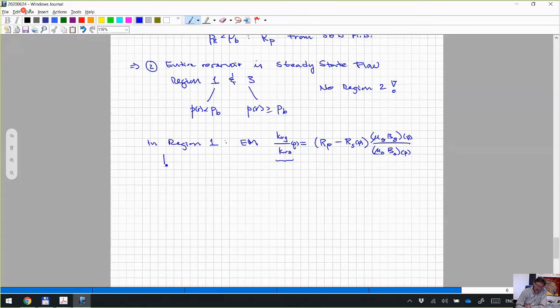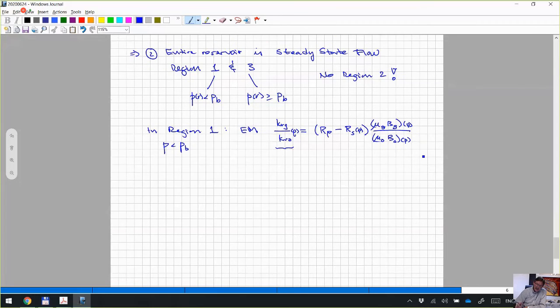So in this region 1, we have that pressure is less than the bubble point. We know the producing, at a given point in time, we know the average reservoir pressure, we know the average producing gas oil ratio. These are from our material balance. Okay, so that's a given. And these are all just PVT properties, right?